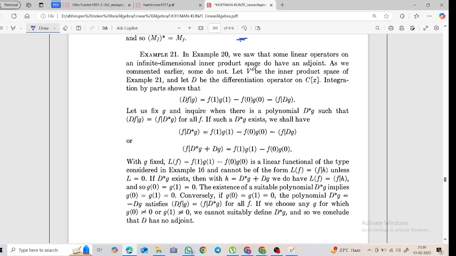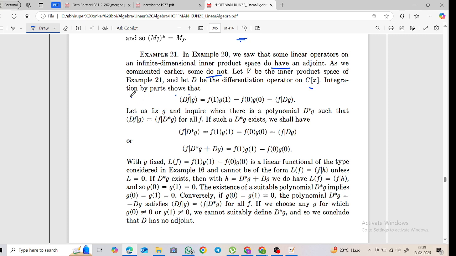Some may do and some do not. We will see the differentiation operator on C[x]. The integration by parts shows that, okay, Df inner product g is this.